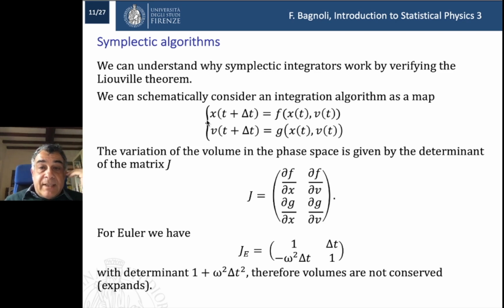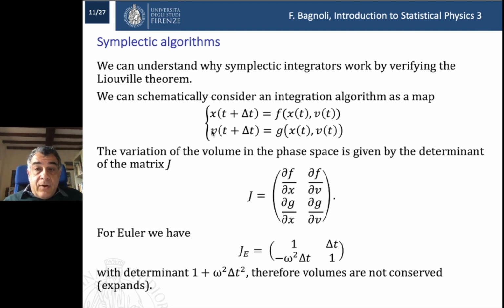So this map says that I compute x at a certain time t plus delta t, and v at a certain time t plus delta t, as a function of x and possibly v at the previous time step.